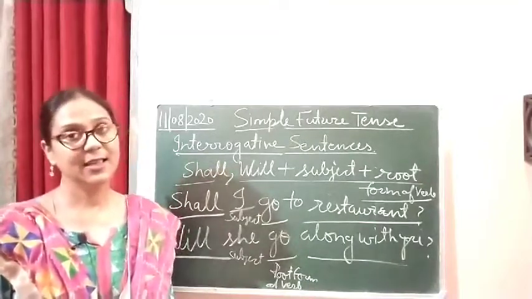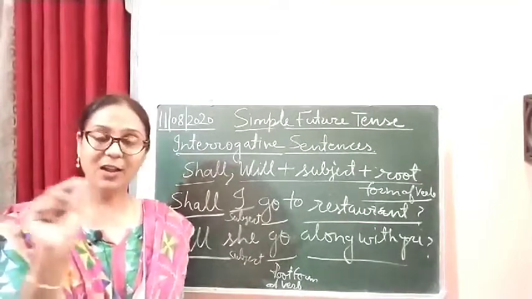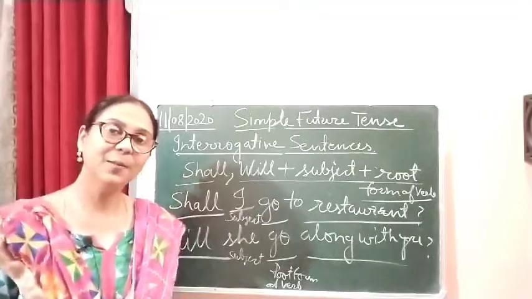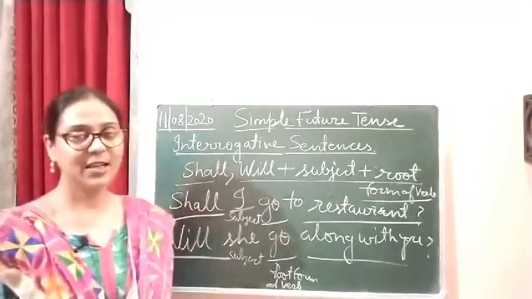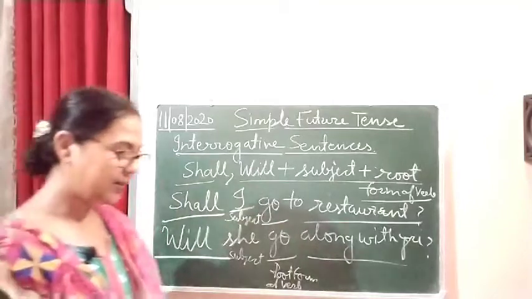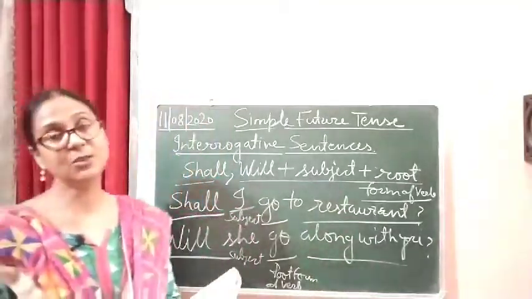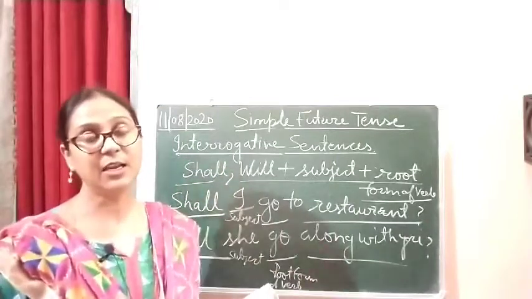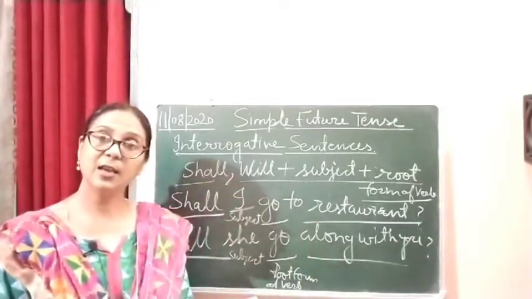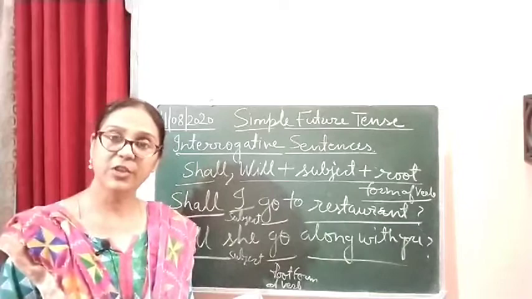But if we write will not, shall not, that becomes a negative sentence. Now we are going to solve exercises based on negative and interrogative sentences in simple future tense.